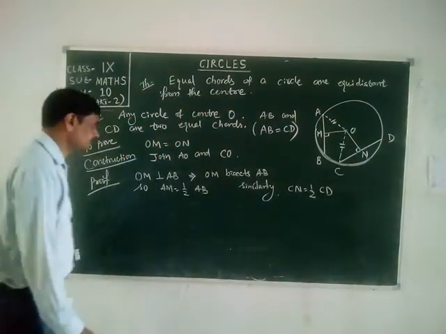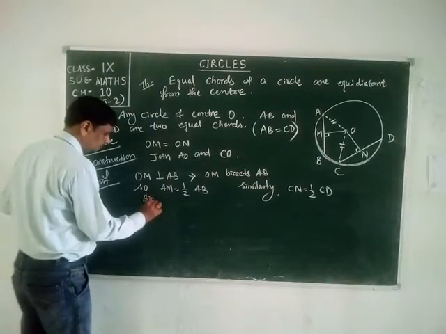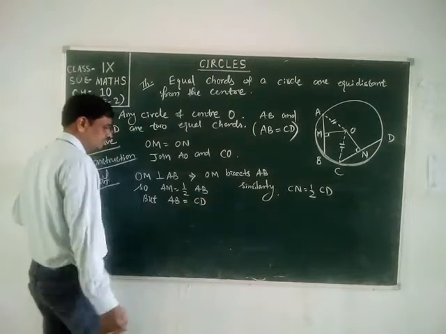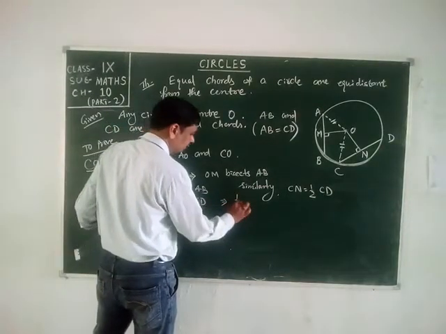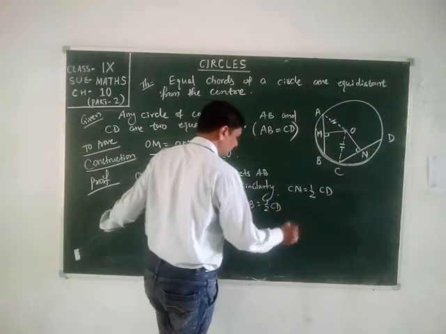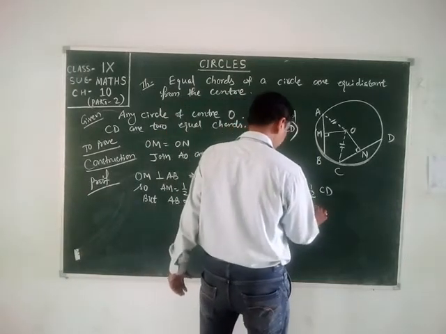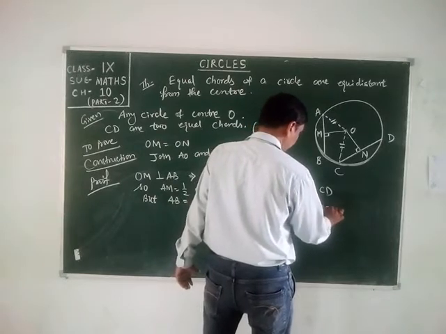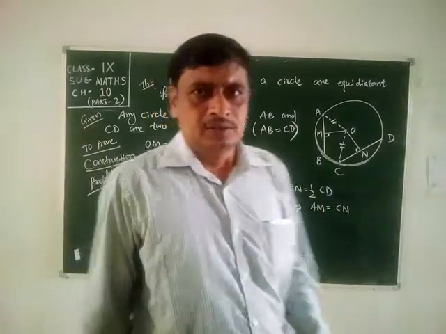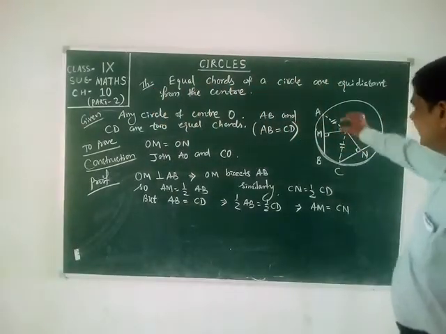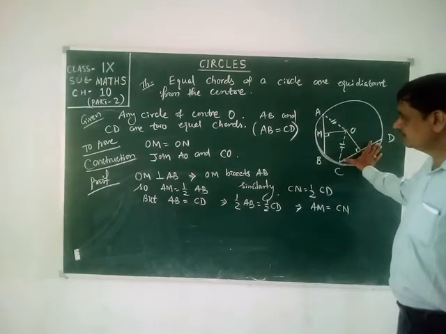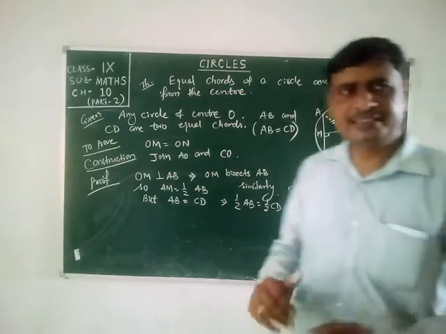But AB is equal to CD. This implies AM is half of AB, CN is half of CD, but AB and CD both are equal.